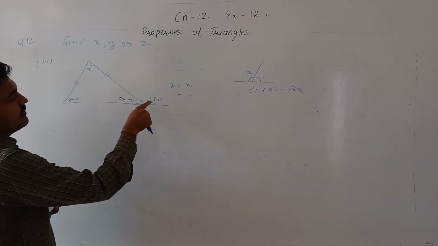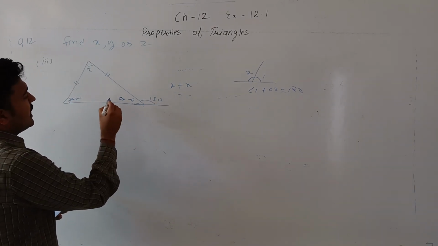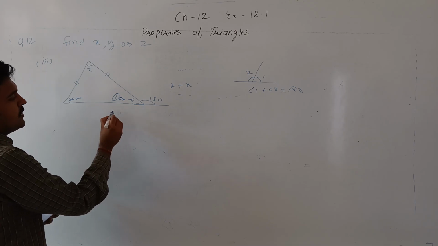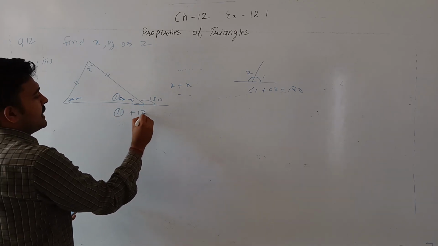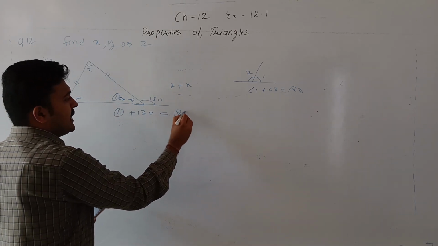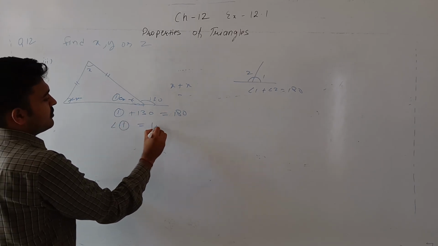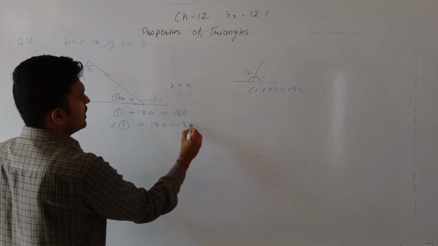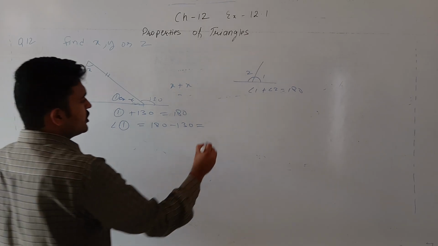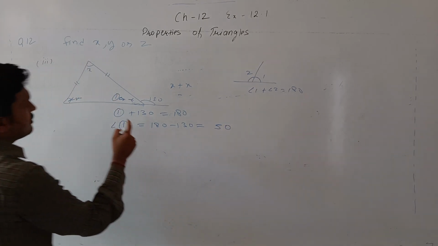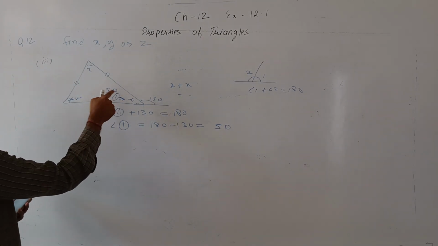Therefore, if this angle is 130 and this is angle 1, then angle 1 plus 130 must be equal to 180. Therefore angle 1 is equal to 180 minus 130, which is 50 degrees.